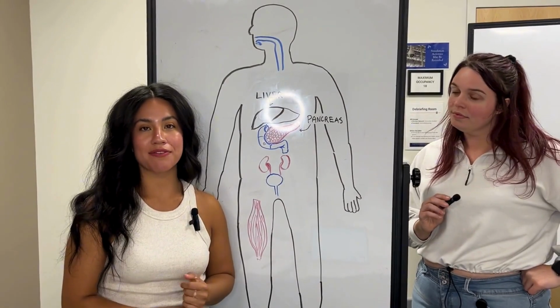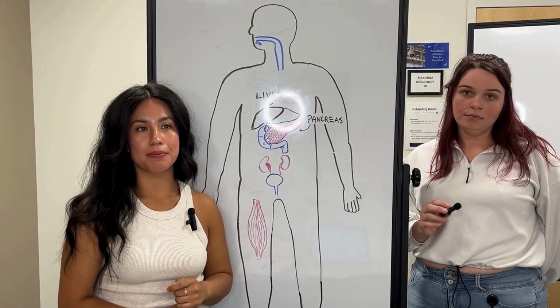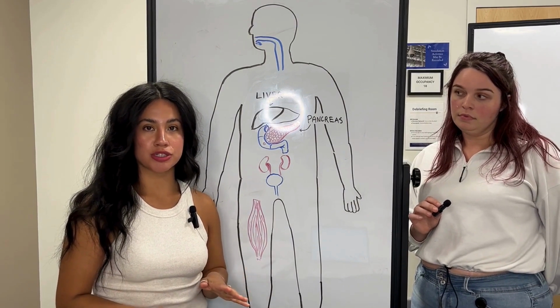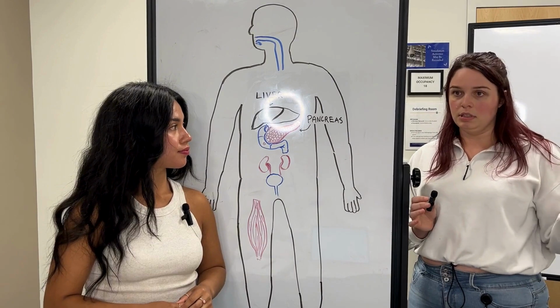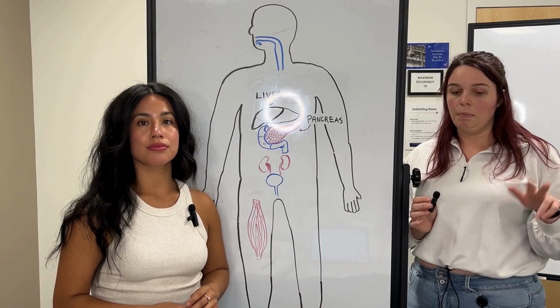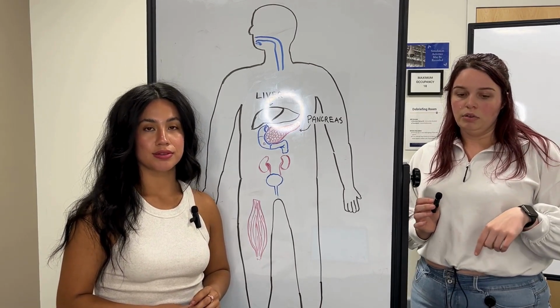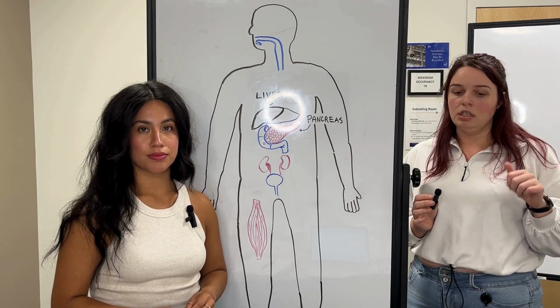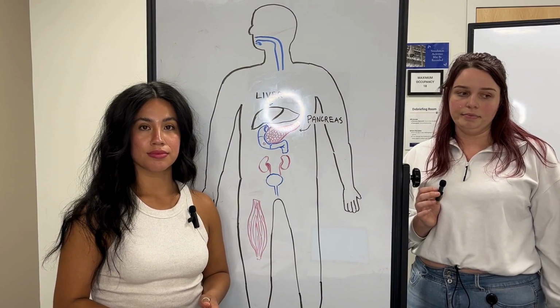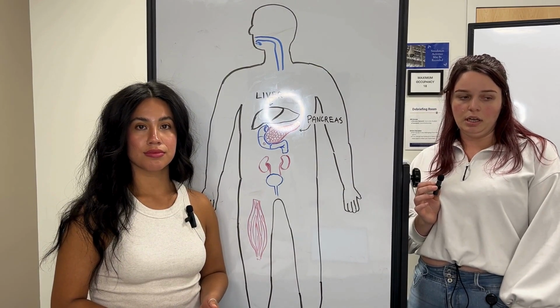So some clinical manifestations that can manifest in someone's body with type 2 diabetes are very similar to type 1 diabetes, with the common symptoms of having polyuria, polyphagia, and polydipsia. And so that's going to be excessive urination, an increased appetite, and then increased thirst.